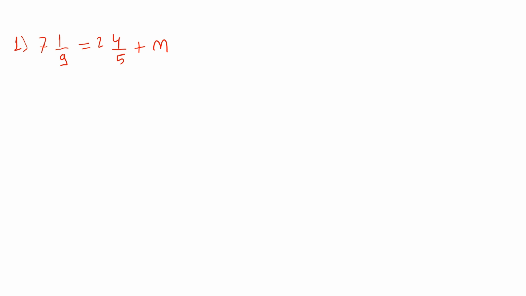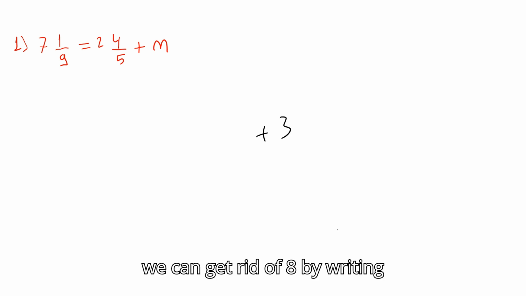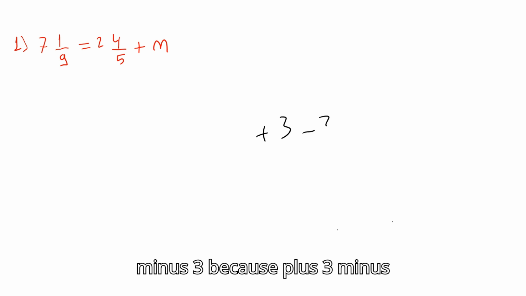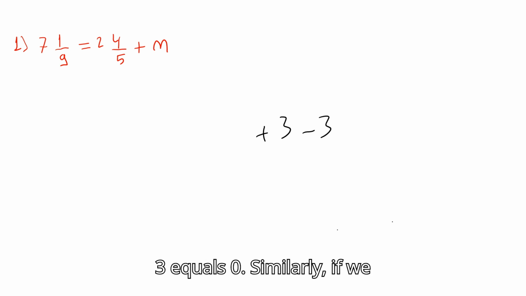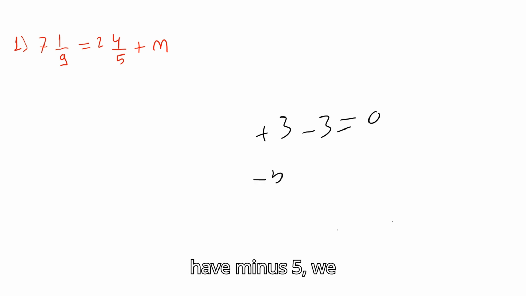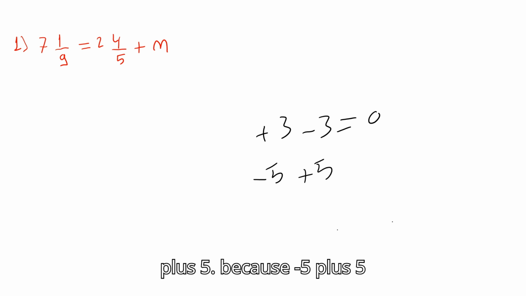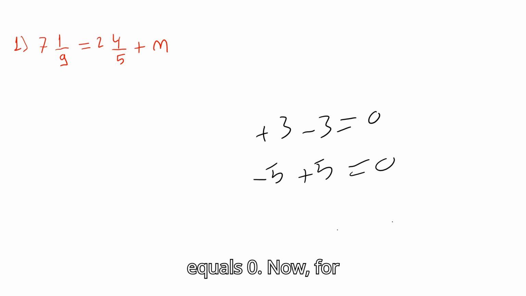For example, if we have plus 3, we can get rid of it by writing minus 3, because plus 3 minus 3 equals 0. Similarly, if we have minus 5, we can get rid of it by adding plus 5, because minus 5 plus 5 equals 0.